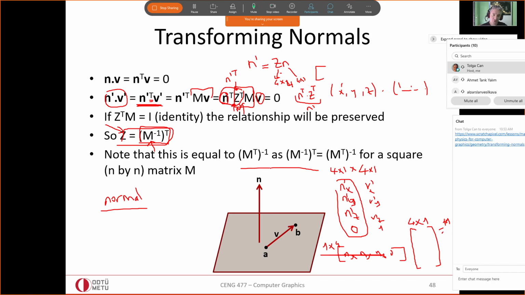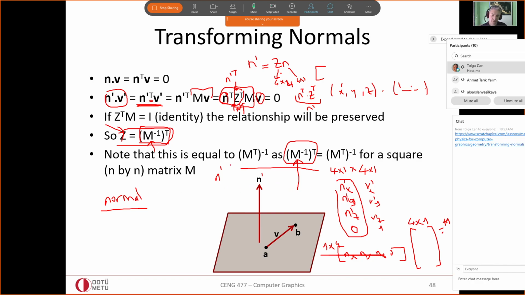From this you should know that you need to take the inverse of your regular modeling matrix, and take the transpose of it. If you multiply your original normal vectors with this matrix, you will get correct normal m primes.